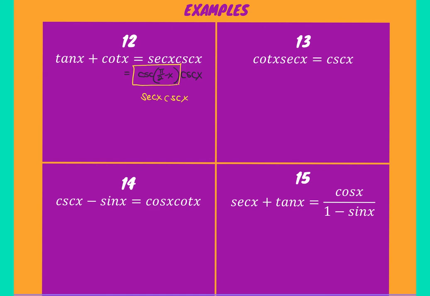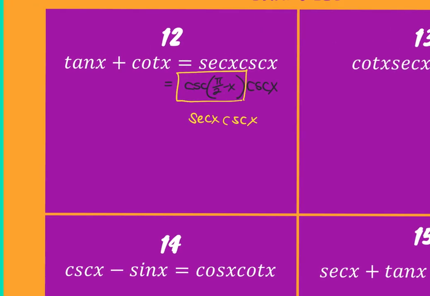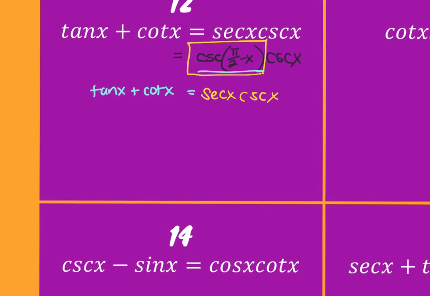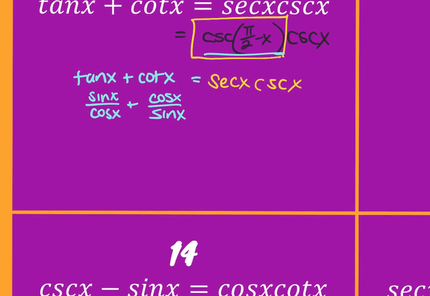Okay, we started 12. Well, I showed you an example of what it would look like if it was a cofunction within 12, but really this is where it's at. Tan x plus cotan x equals secant times cosecant. So if I do tangent as sine x over cosine x and cotangent as cosine x over sine x, I need to give them a like denominator.